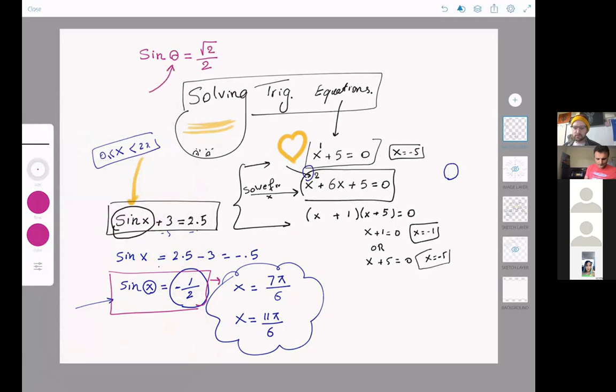Is that 0, 30 degrees, 45 degrees, 60 degrees, or 90 degrees? 45. Yeah, 45 degrees, correct? So they're asking us what theta has sine radical 2/2. One of them is 45 degrees.